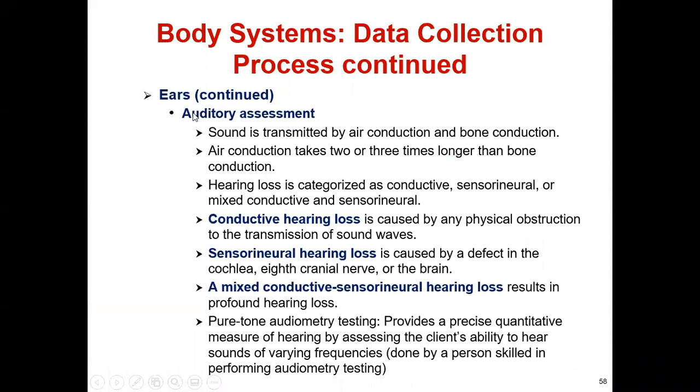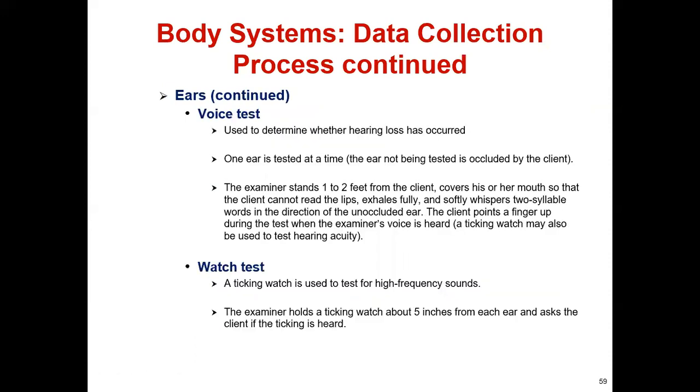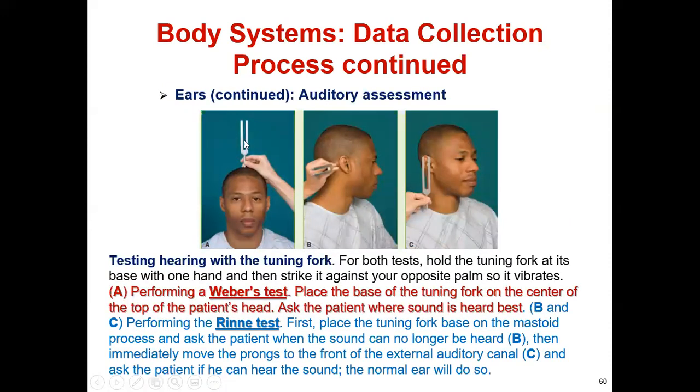Here we are showing different tests. It's called auditory assessment: conductive hearing loss, sensory neural hearing loss, and mixed, meaning conductive and sensory neural together. For the auditory assessment, sound is transmitted by air conduction and bone conduction. Like in the picture, when you put the tuning fork on the vertex, sound is transmitted through the bones, which is called bone conduction.